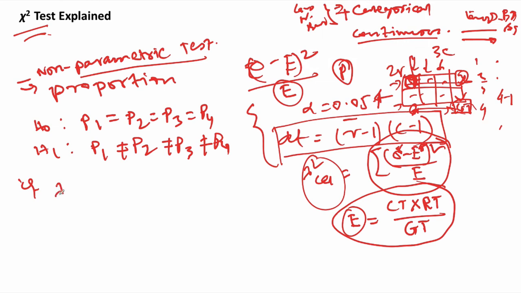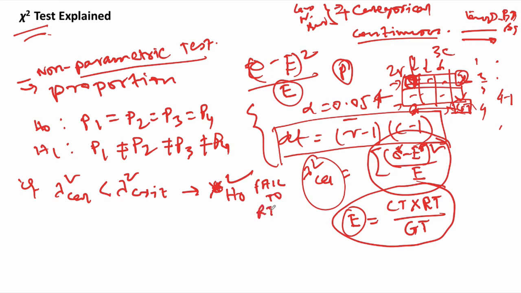If chi-square cal is less than chi-square critical, then we will accept the null hypothesis. That means we fail to reject the null hypothesis. Clear? That means P1 equals P2 equals P3 equals P4.